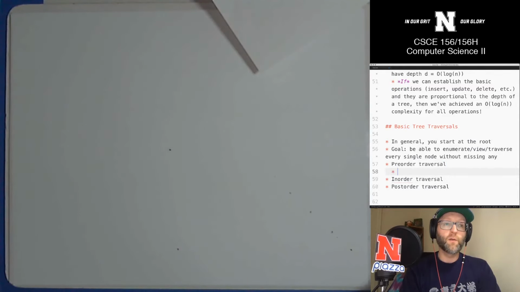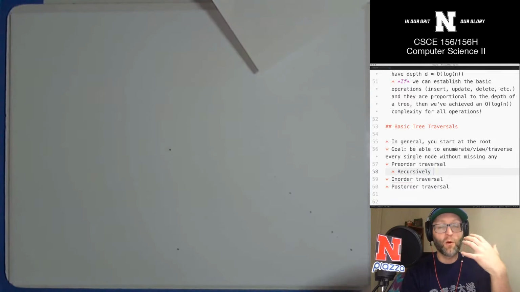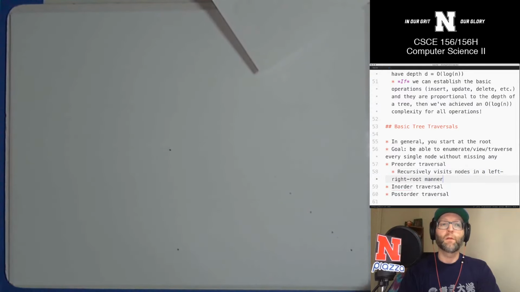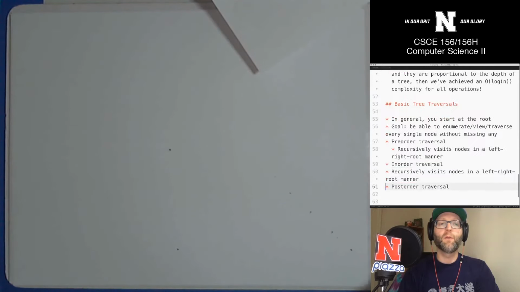A pre-order traversal, recursively. Now, we're going to present it as recursive, but ultimately when we implement this, we're actually going to use iteration instead. But it recursively visits nodes in a root, left, right manner. And I'll visualize what that means here in a moment.